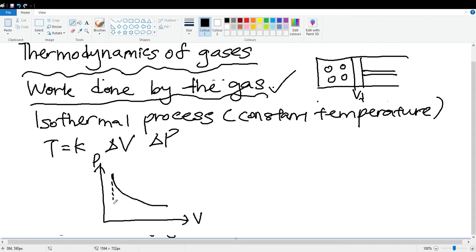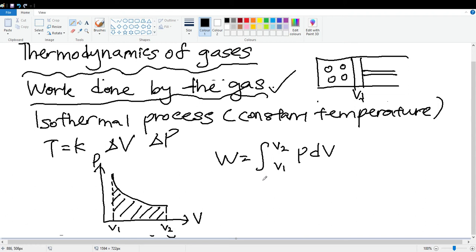So let's say this is my V1 and this is my V2. So the work done is actually the area under the graph. So the work done for me is actually the integration from V1 to V2 of P dV. Okay, so let me just scroll it down.